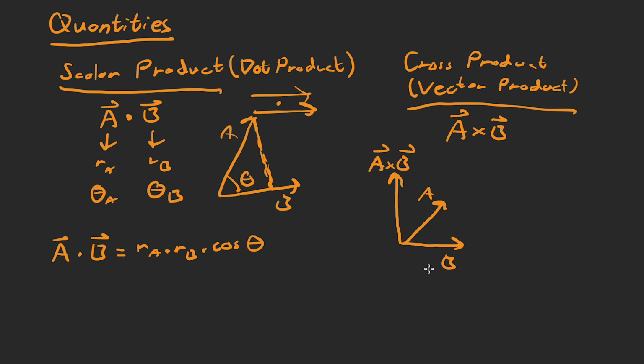And how we calculate that is rather simple. Just like we did in the scalar product, we multiply the values together, but instead of taking the cosine of it, we're taking the sine of the angle between. And the resulting direction of the vector can be calculated by something we call the right-hand rule, which is something that we're going to use quite a lot in the future.